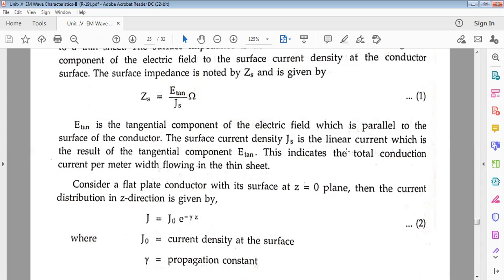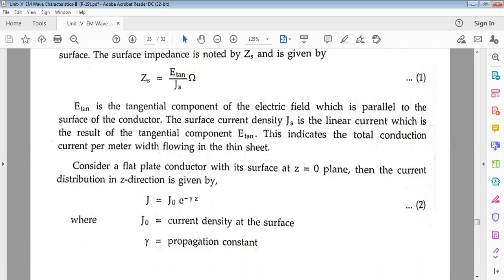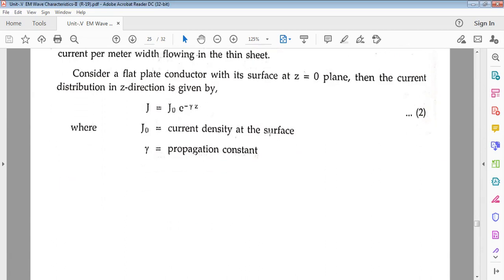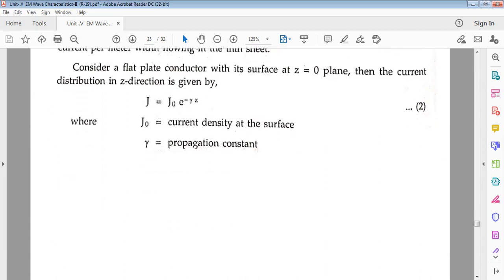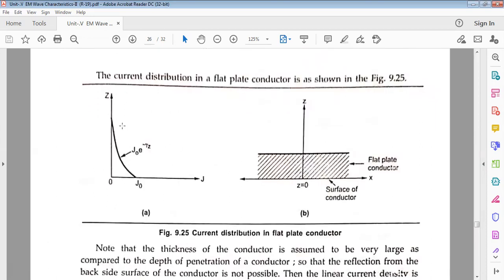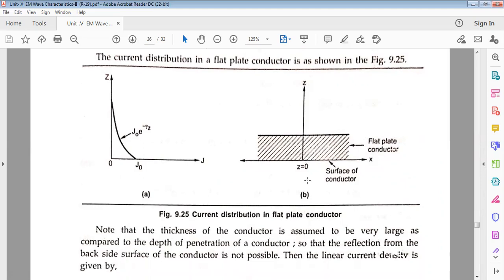So it is an exponentially decaying function, with the surface at z is equal to 0, where the flat plate conductor is placed.